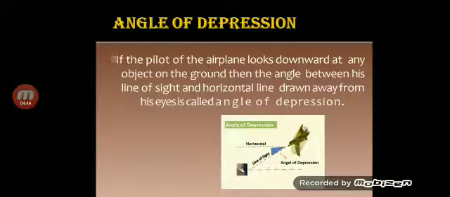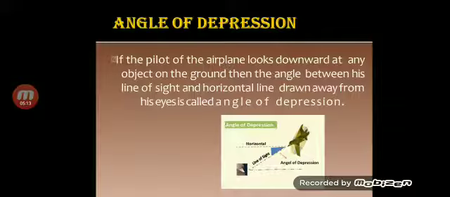In the picture you can see the blue shaded angle is called the angle of depression. Okay, these are the three concepts: line of sight, angle of elevation, and angle of depression.